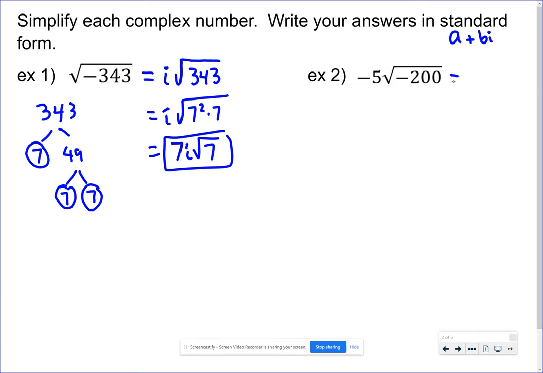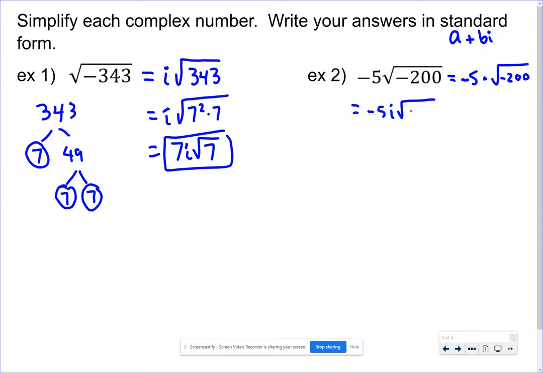Number 2. Example 2. First thing I want you to notice, this is negative 5 times the square root of negative 200. So anything that comes out from under that radical is going to multiply with our negative 5. So first thing we're going to do, we're going to bring the negative out as an i because the square root of a negative number is imaginary.